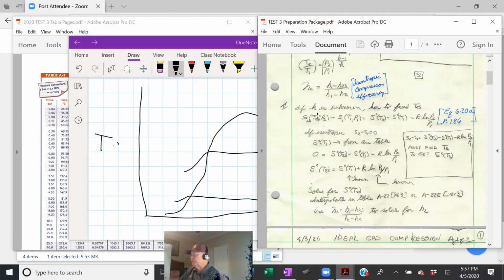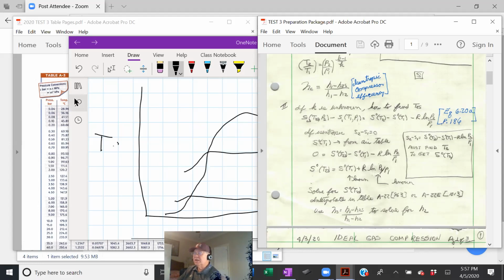S2, when you know temperature 2 and pressure 2, minus S1, when you know temperature 1 and pressure 1, that's the entropy change. And it's equal to the S0 function at T2 minus the S0 function at T1 minus R, the gas constant, times the natural log of the pressure ratio, which we're generally given.